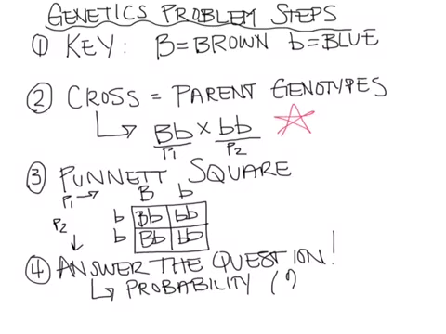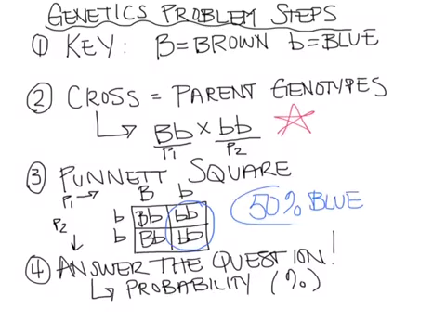Specifically a percentage. Your answer is going to be in the Punnett square. So when it says in the problem, what are the chances of getting blue feathered offspring, you'll have to look back at your Punnett square and tell me, there's a 50% chance of blue feathered offspring. You'll have to circle your final answer.